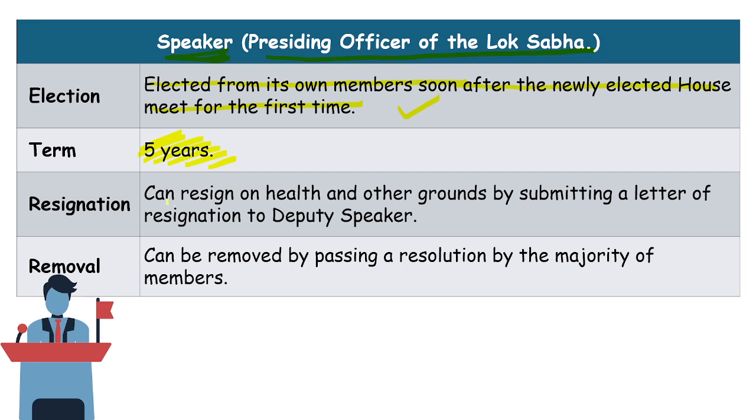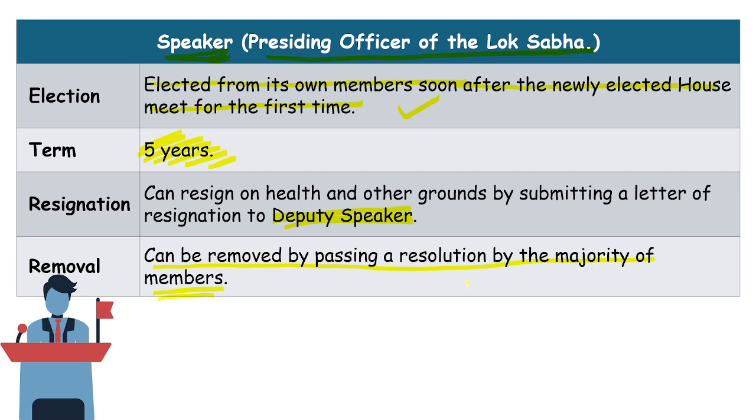He can resign on health and other grounds by submitting a letter of resignation to the deputy speaker. So to whom does he have to submit a letter of resignation? To the deputy speaker.